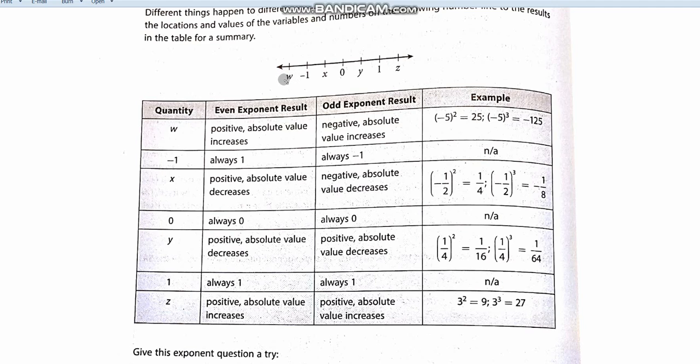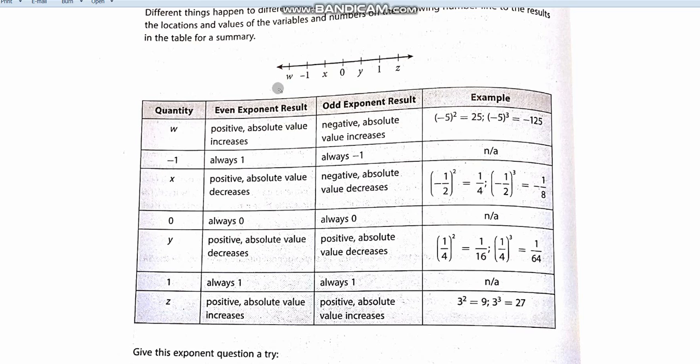When you have a negative value that's more than -1, what happens when you have an even exponent or an odd exponent? Let's start with W. W is a value that is more than -1, can be -5, -10, or -1.2.